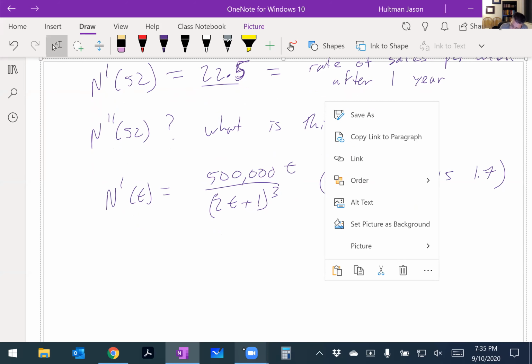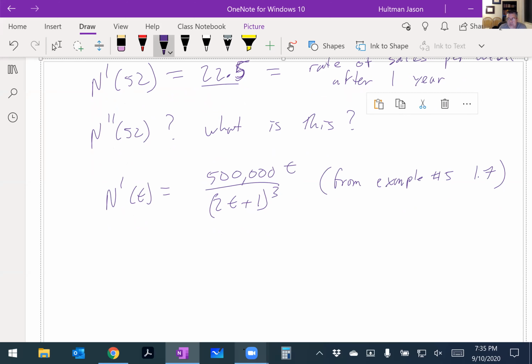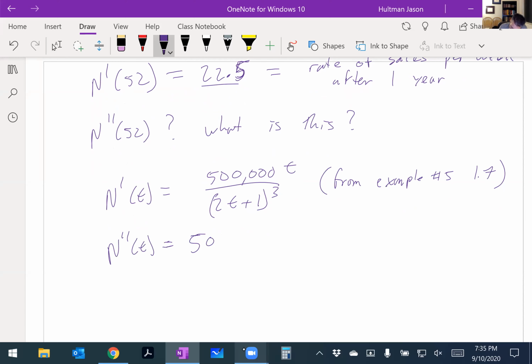So now what we want to do is the quotient rule on this thing. So let's do that. Derivative of the top, so N double prime of t: the derivative of the top is 500,000 times the bottom, (2t plus 1) cubed, minus the derivative of the bottom.